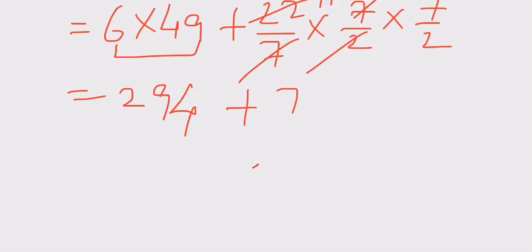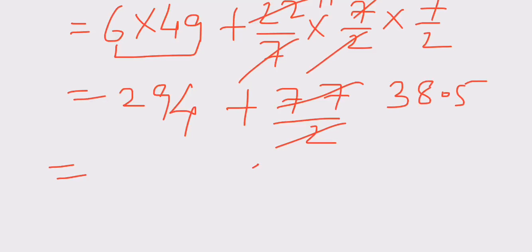So here we have 77 upon 2, which is 38.5, and when these two are added we'll have 0.5, and then 2, 3, and 3.